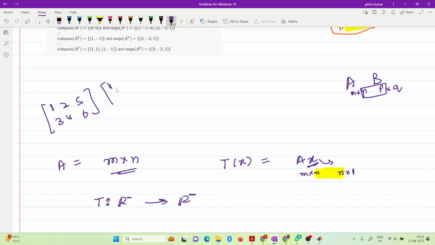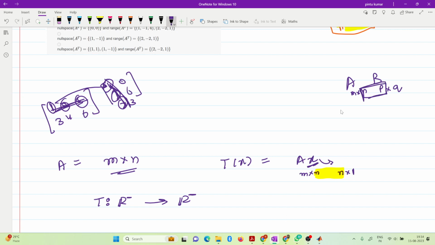And this is 1, 2, 1, 1, 0, 0, and 2, 3. So you multiply the first element with the first element plus the second element with the second element plus the third element with the third element. That's why what we want is that the number of columns here should be equal to the number of rows. That's why we want n is equal to p.